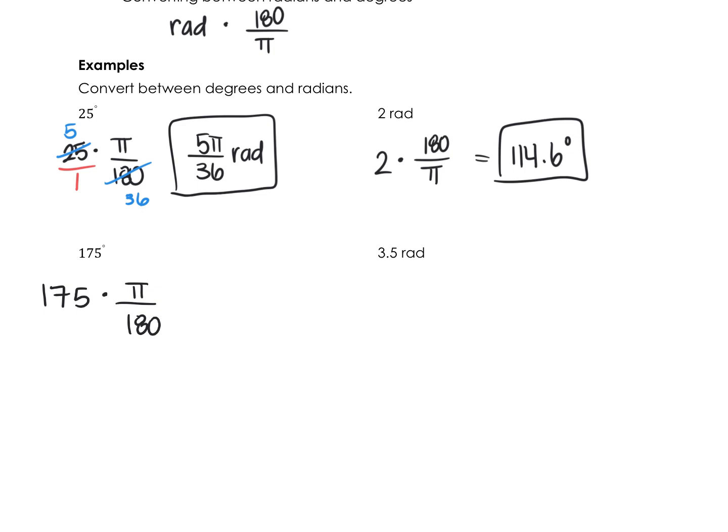So we'll just do 5 again. 175 divided by 5 is 35. We already know that 180 divided by 5 is 36. So we're going to get 35 pi over 36 radians.